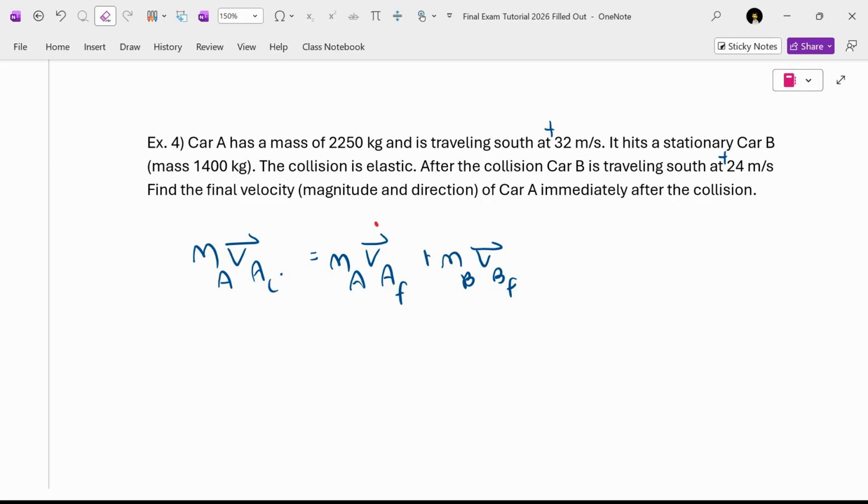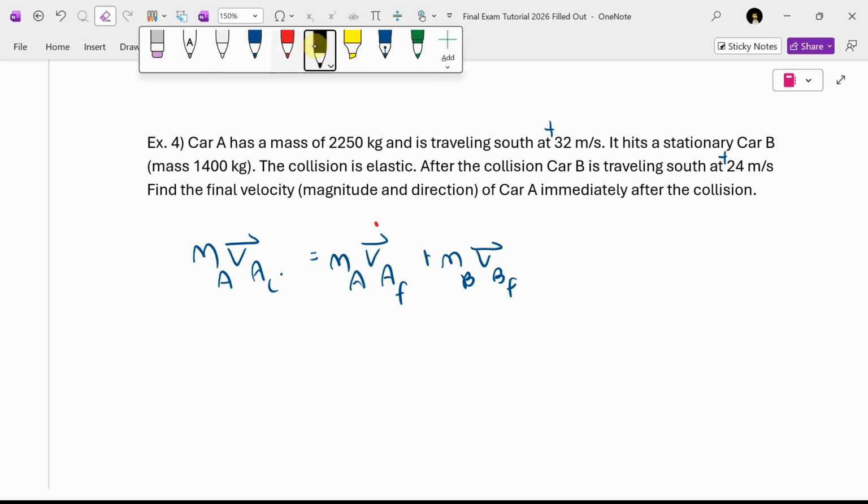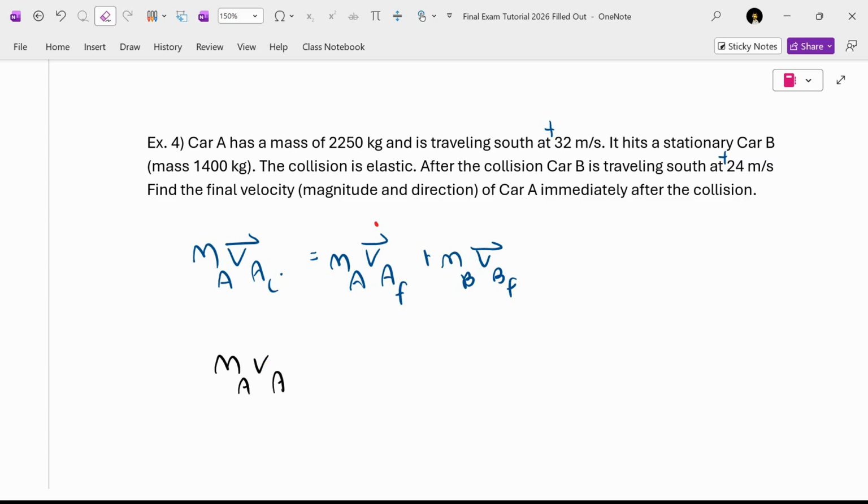Yes. Wants me to get that by itself. Okay, hey, this is formula manipulation. Complicated, but still doable. What's going to drop down like a domino? The left side, yes? Mass A, V A initial. And then I'm going to do my adding and subtracting. I need to move this over. How will I move this term over? Yep.